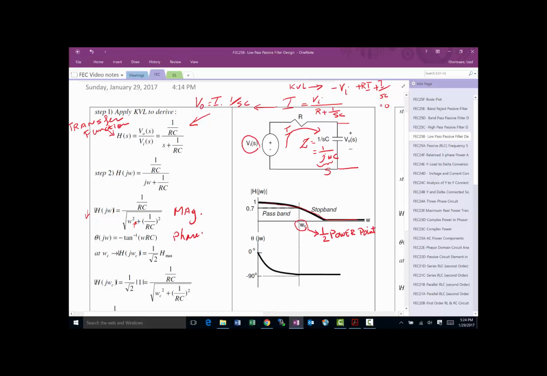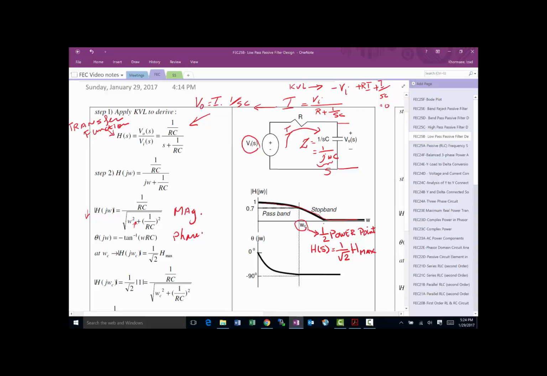If you remember, H(j omega) is voltage over voltage, and we know power is the square of voltage. So to find where the half power is, H(s) has to be equal to 1 over square root of 2 times H max, or whatever the maximum is.